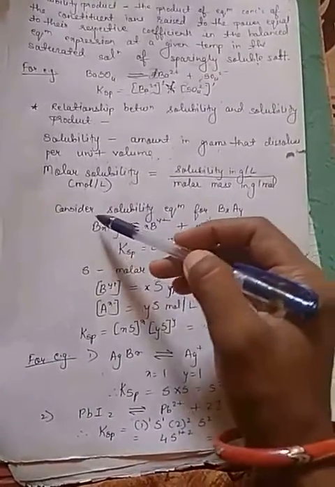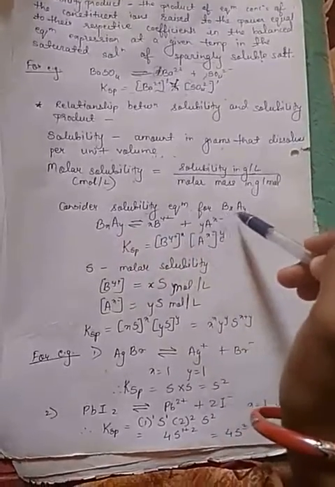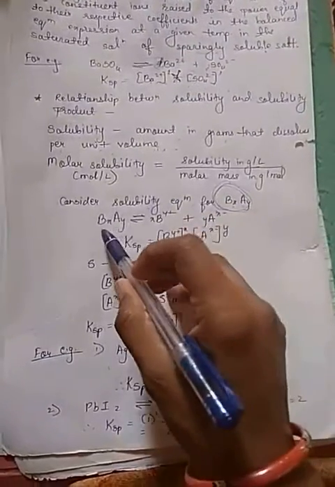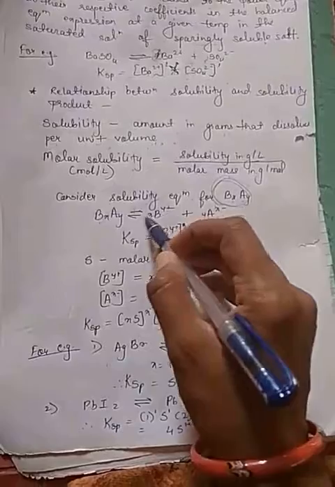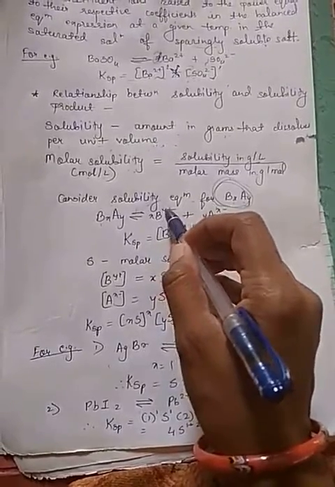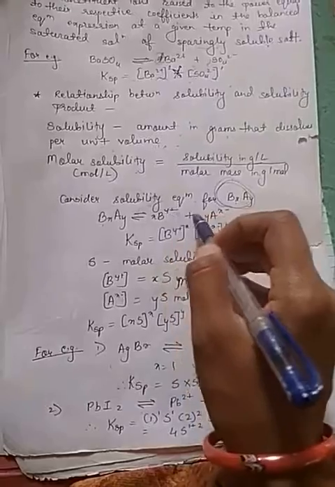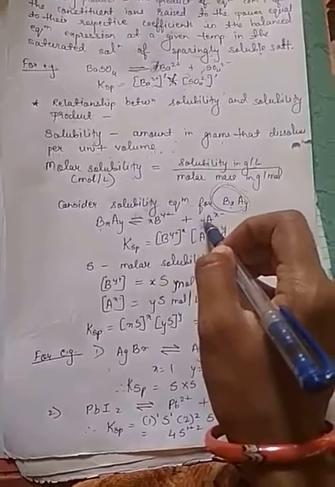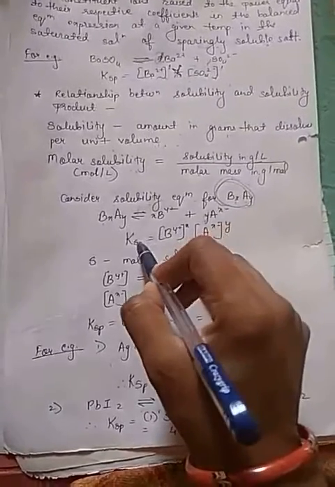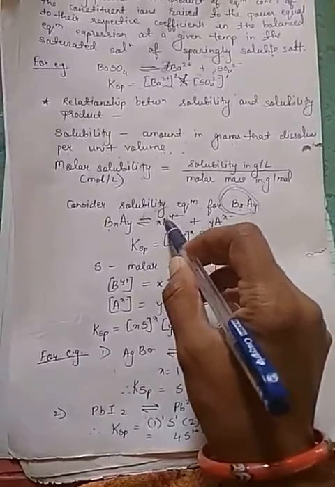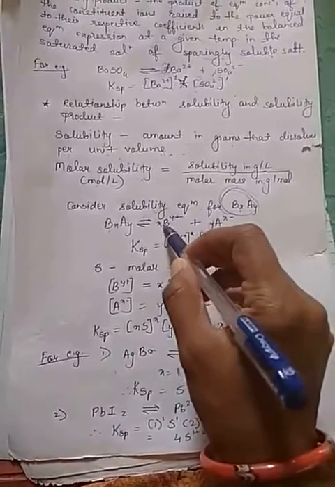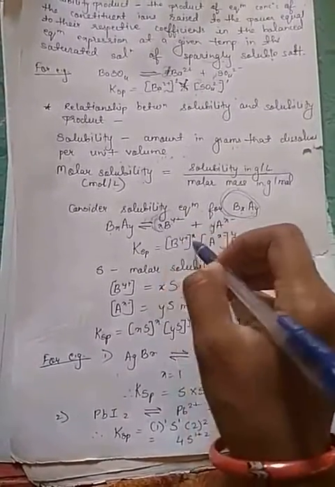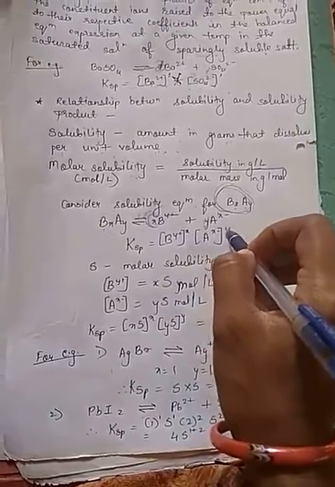So here we start. For example, consider the solubility equilibrium for a salt BxAy. This is a compound. When you put it in water, it dissociates into its ions, B raised to y plus, with x as the coefficient, and A raised to x minus, with y as the coefficient. The solubility product of this is given by the concentration of B raised to y plus, raised to x, and the concentration of A raised to x minus, raised to y.